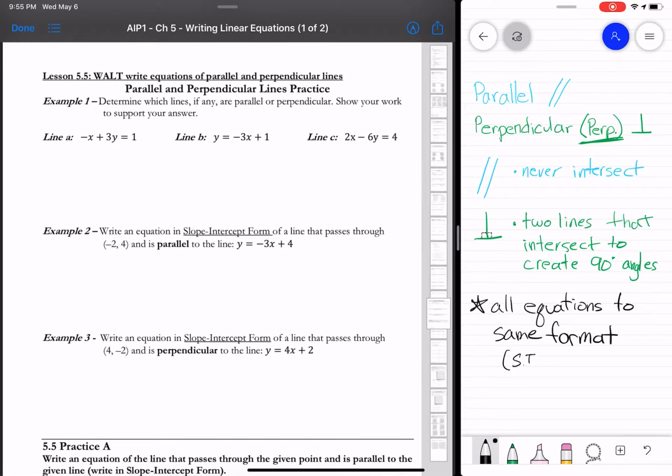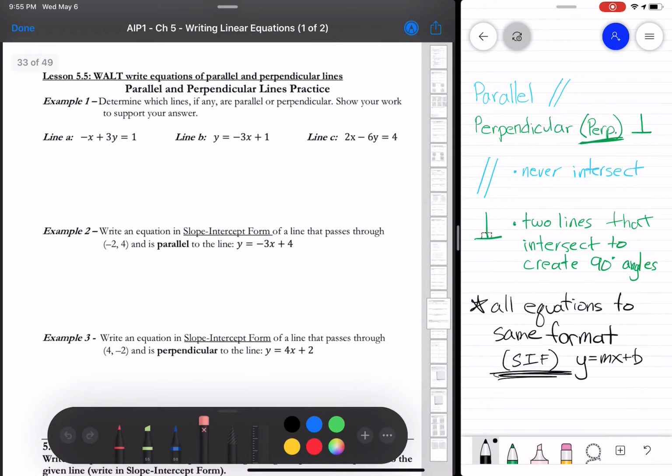We might use point-slope form, PSF, to get us there, but our final format, we want it in slope-intercept form, right? And just a refresher, that is y equals mx plus b. M being your slope, b being your y-intercept. All right, so let's take a look at this. It says determine which lines, if any, are parallel or perpendicular. Show your work. So with getting the equations to the same format, let's get them all to y equals.